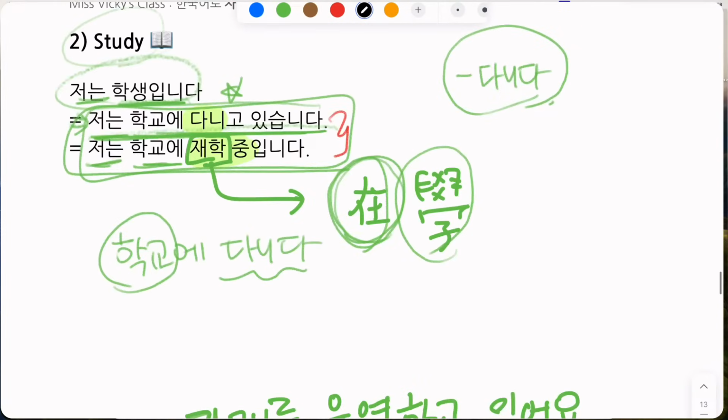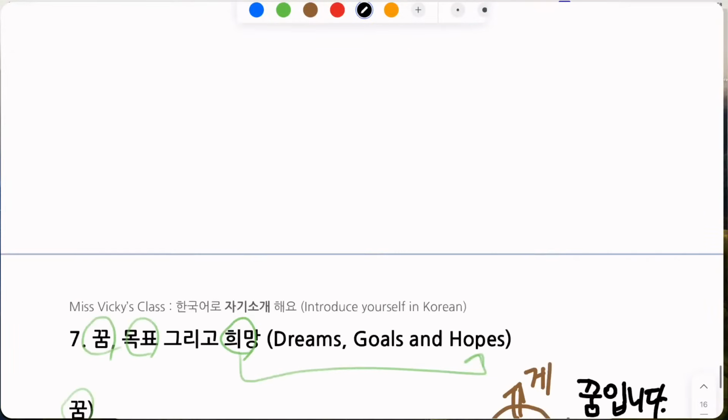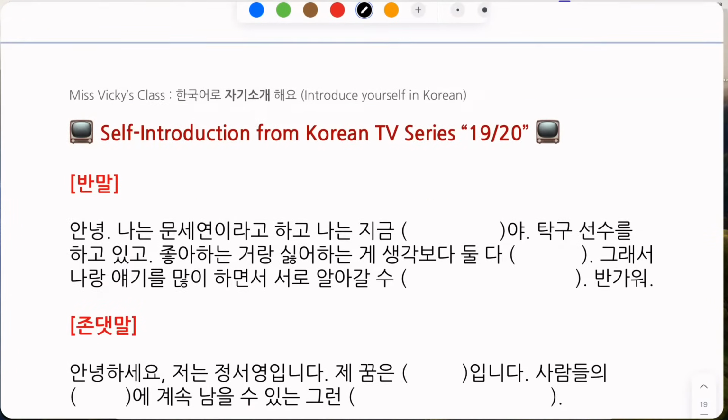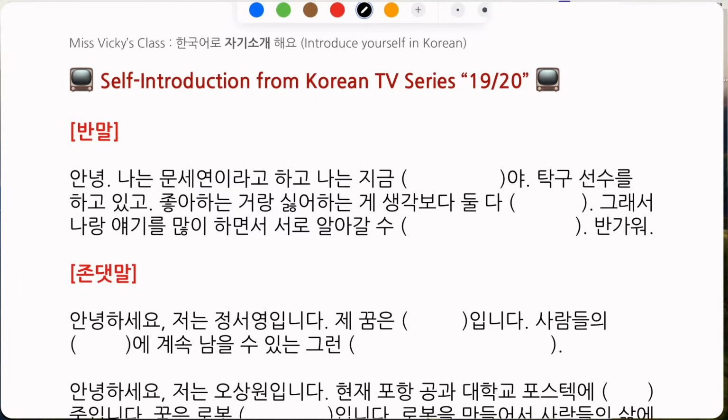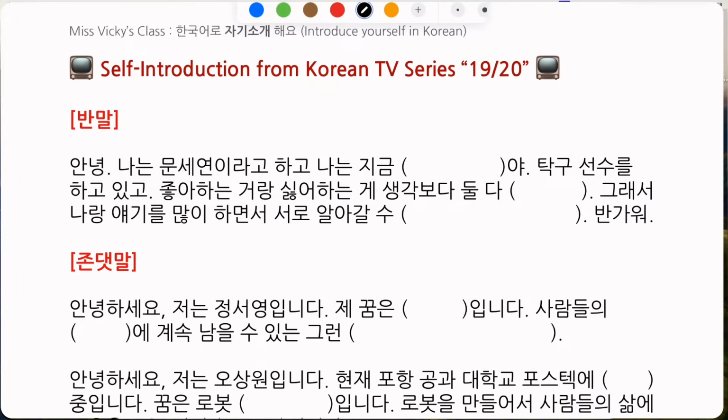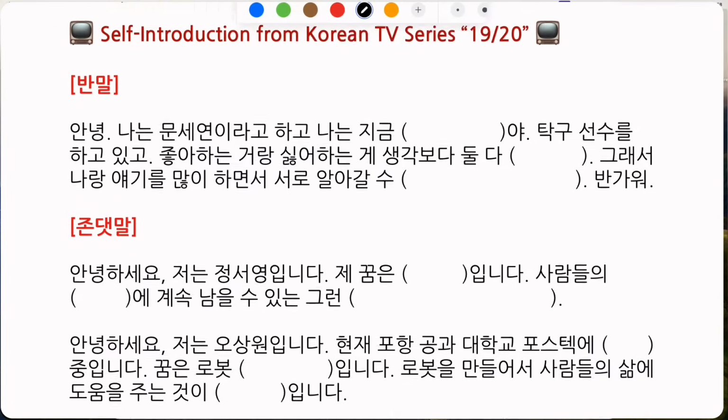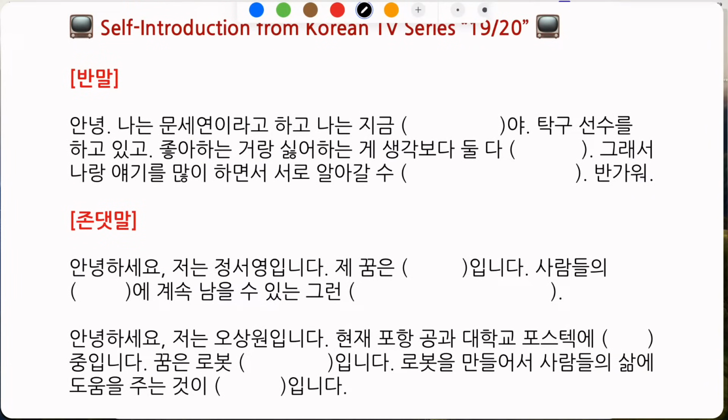그다음에 let's check out other versions. So language is so diverse that not everyone will follow the exact same format that we learned. And so the point of doing this self-introduction checking out the self-introduction from Korean K-drama series is so that you guys can be more flexible, right?